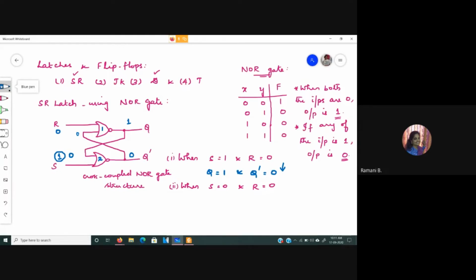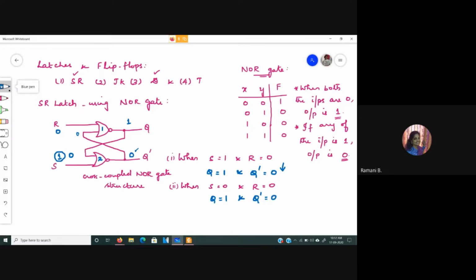You already have Q equal to 1, so this input is 0 and the previous value of this input is 1. This will again give me the output 0 over here, and if this is fed back over here, the output is going to be 1. So this is going to remain in the same condition.